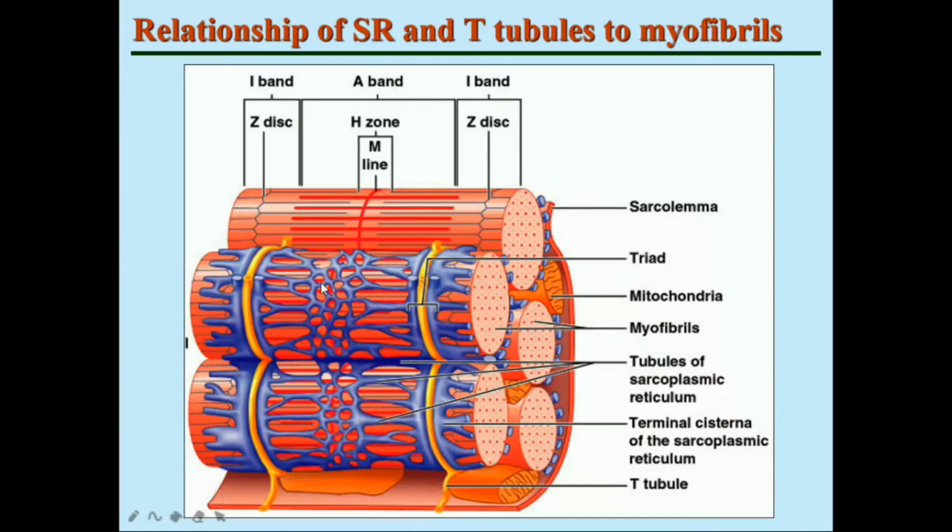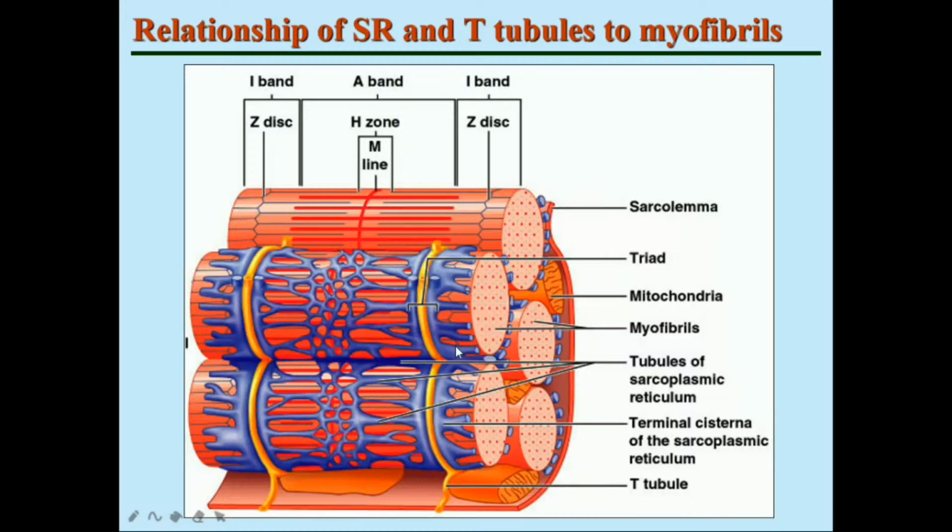So here you can see this blue color structure is the sarcoplasmic reticulum, and you can see that some parts of this sarcoplasmic reticulum are arranged in the form of these blue colored tubules arranged longitudinally. So these are the L tubules, and you can see that at either ends these L tubules form a dilated structure, as you can see here.